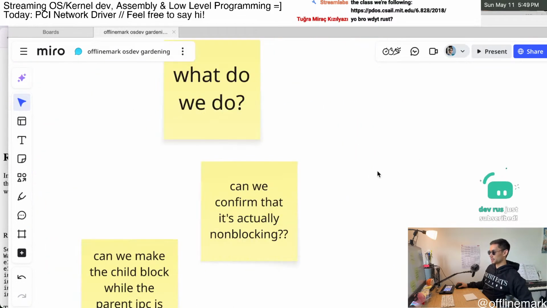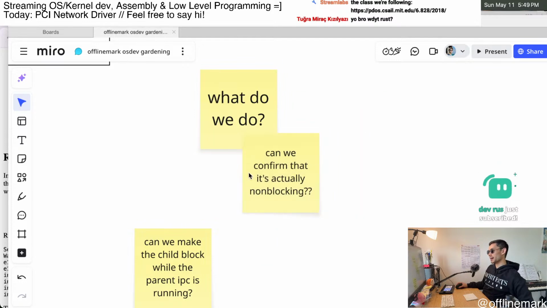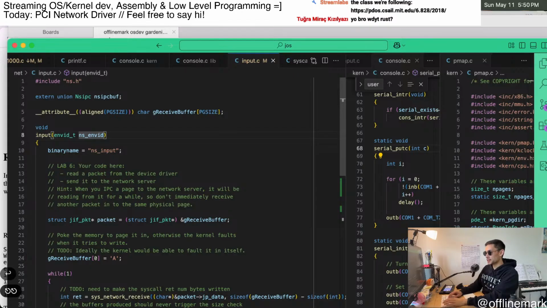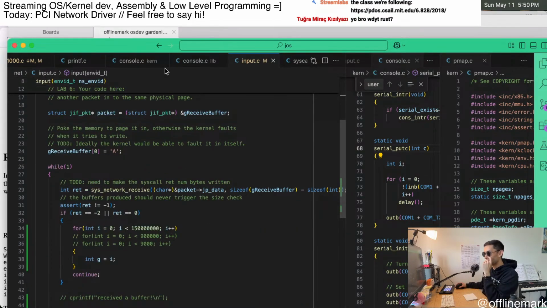All right, let's do the first thing here. Let's confirm this blocking or non-blocking thing, because we can do that fairly easily. So let's check that out.